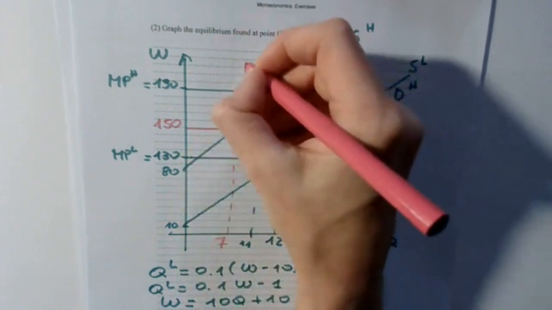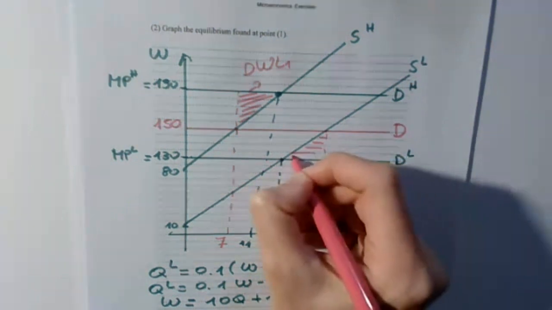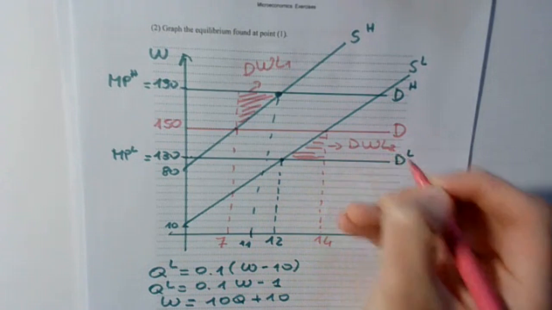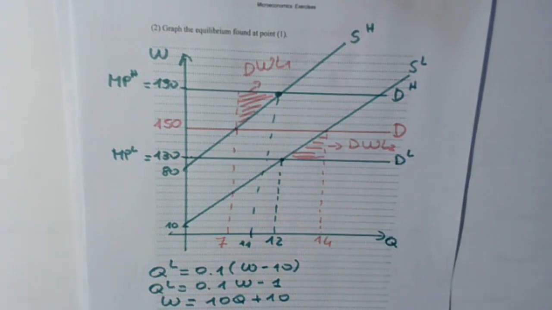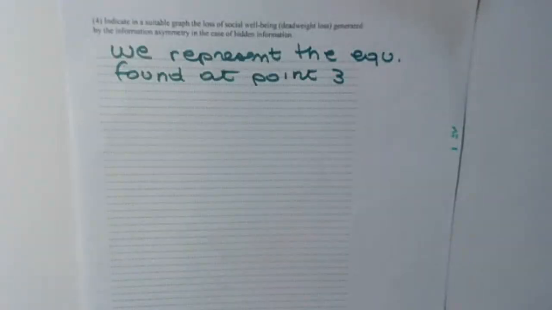So this is, let's call it deadweight loss 1. Okay, and then you're hiring too many L, and that's the second deadweight loss. Deadweight loss 2. Now we specify and we write everything, but that's the solution because we just had to indicate it, okay? But we write it with more details.